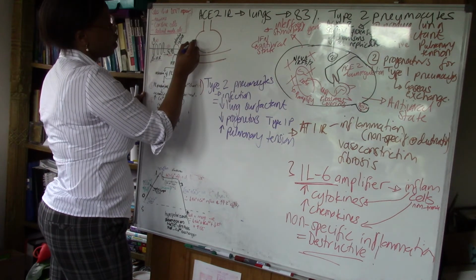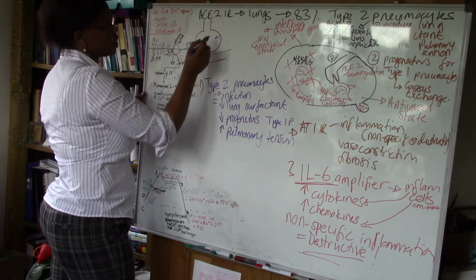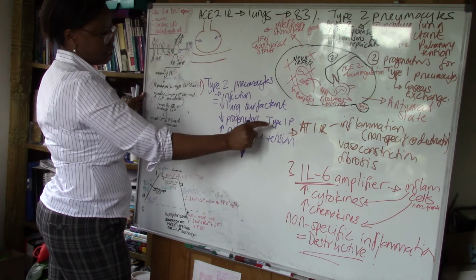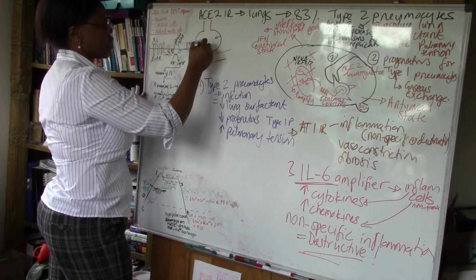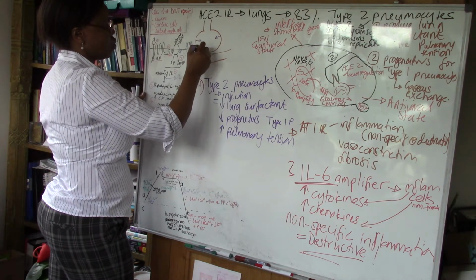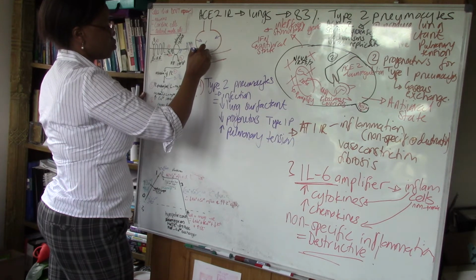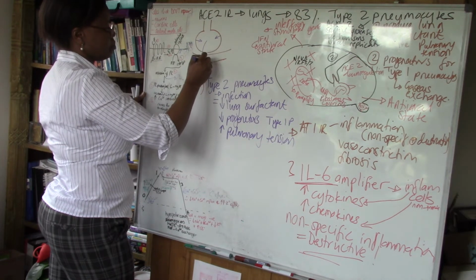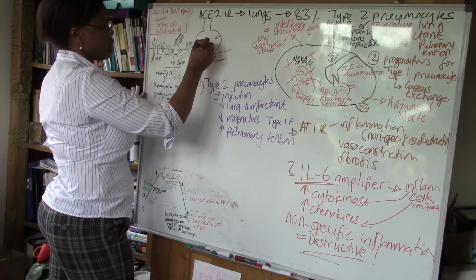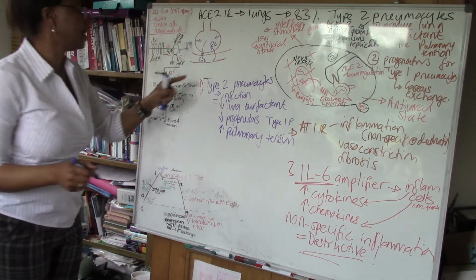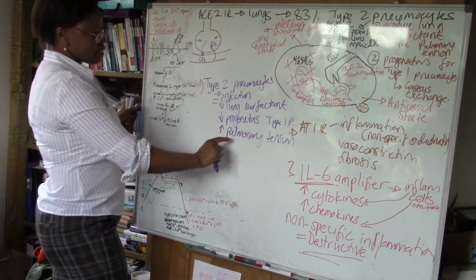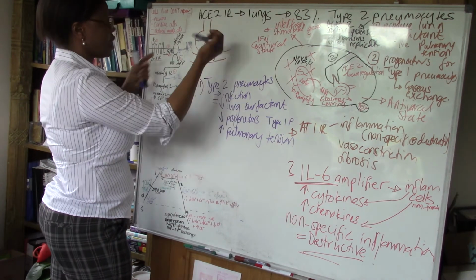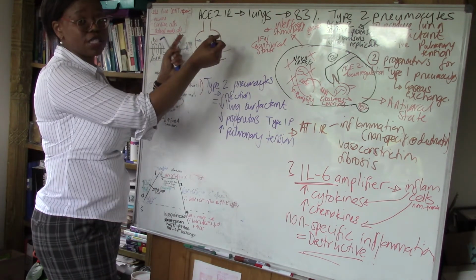So the alveolar is bound to collapse on itself, and the alveolar really is mainly a gaseous exchange. Normally we will have CO2 coming out entering the blood, and O2 coming from the blood to enter the alveolar. But if we haven't got surfactant, then this alveolar starts to collapse on itself.